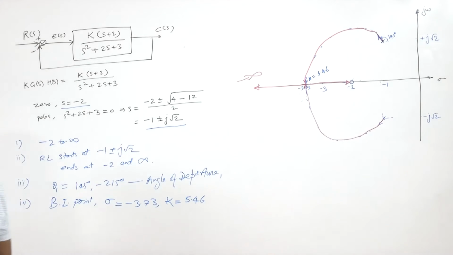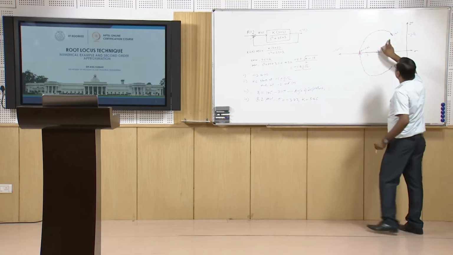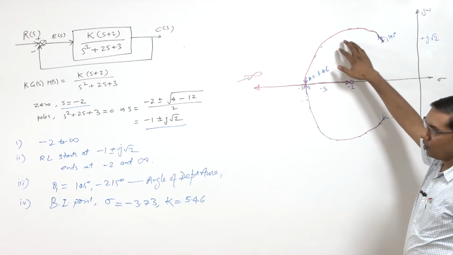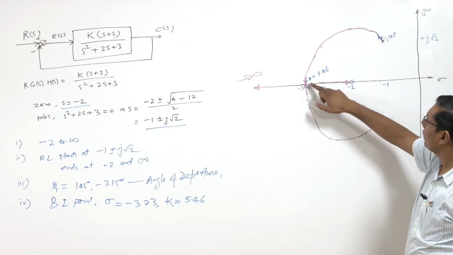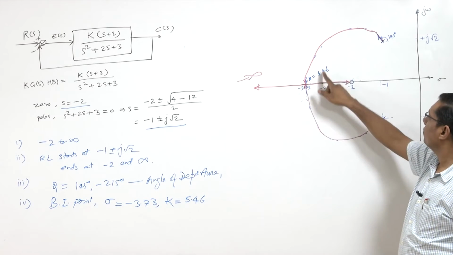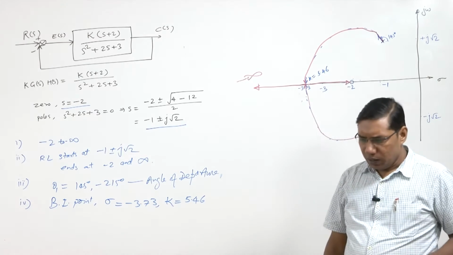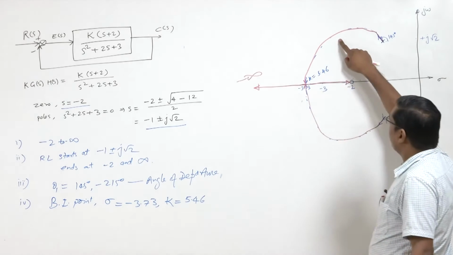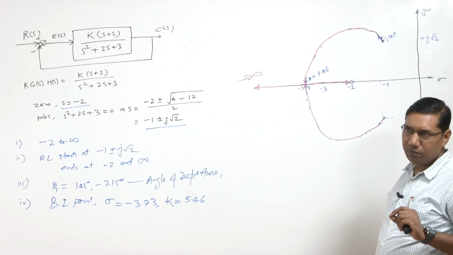Now if we want to know what type of curve or approximate path it follows between this point and this point, we can take maybe 2-3 points for some sigma and check the condition for some point S, assumed on the root locus, that satisfies the condition of odd multiple of 180 degrees.